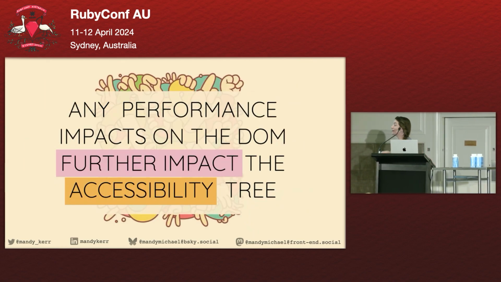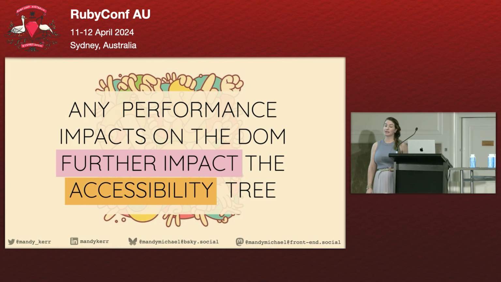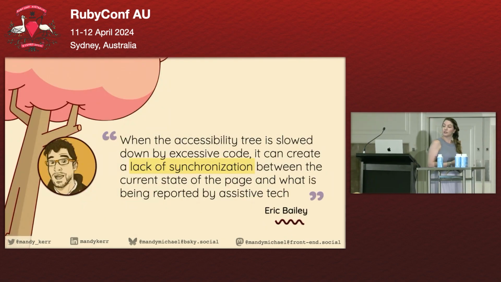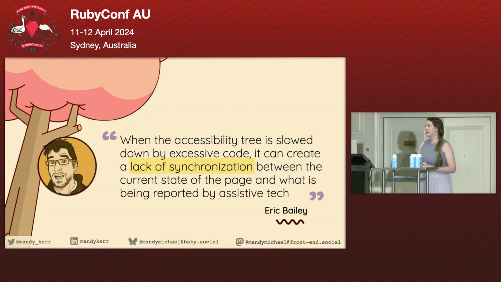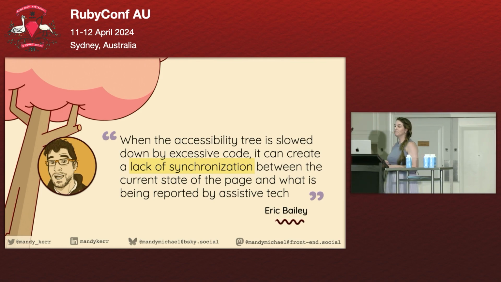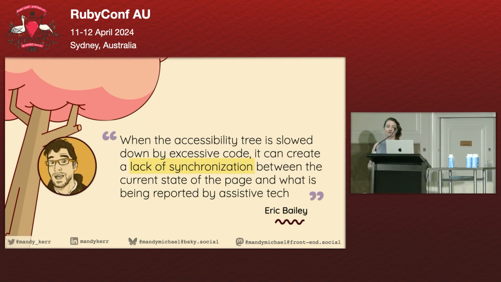And as the accessibility tree is made up of what we provide the DOM, any performance impacts to the DOM further impact the accessibility tree. So I saw this great talk by Eric Bailey, who's an inclusive design advocate. And he says that when the accessibility tree is slowed down by excessive code, it can create a lack of synchronization between the current state of the page and what is being reported via assistive tech.